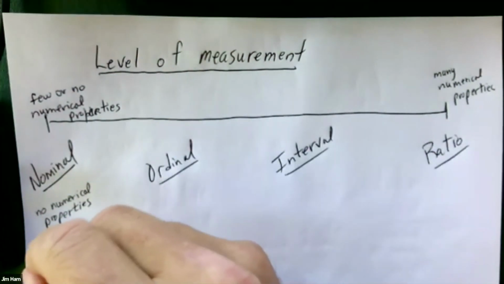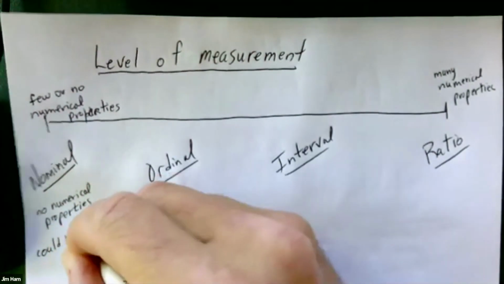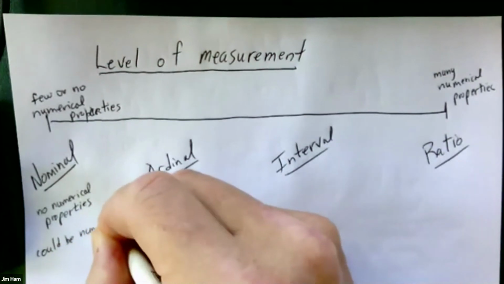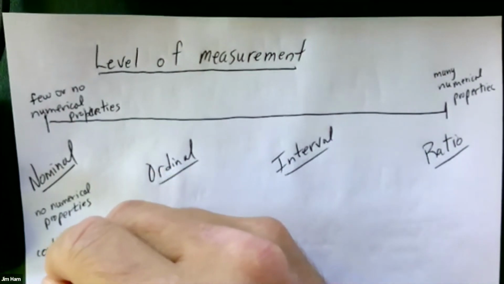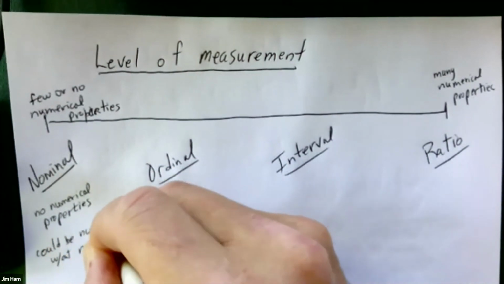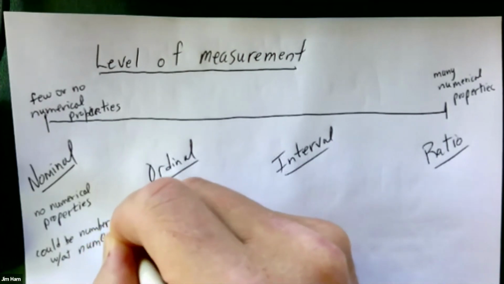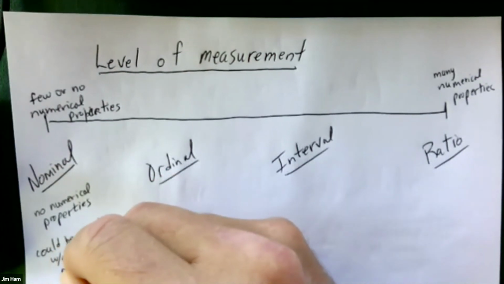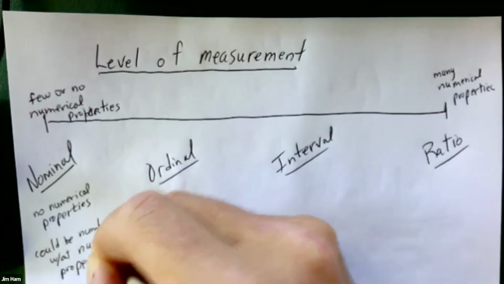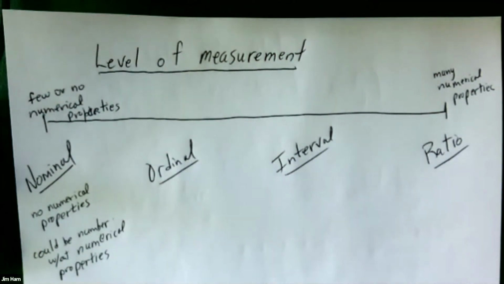But they could be numbers without numerical properties. So for example, the example that we use here is like a jersey number on the back of an athlete. They wear a number like 86 or something like that, or 13. Those are numbers, but they really don't have any numerical properties.